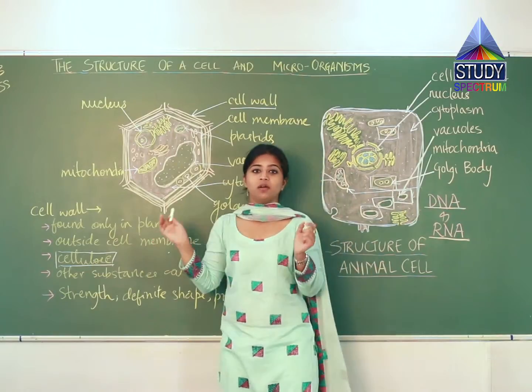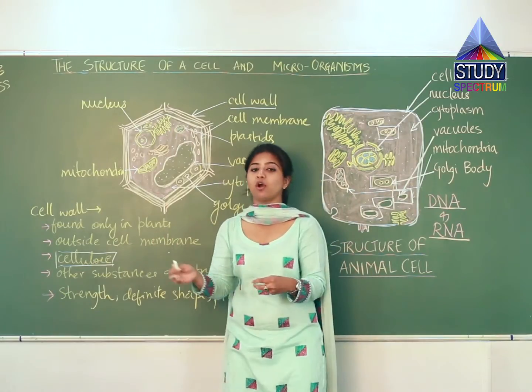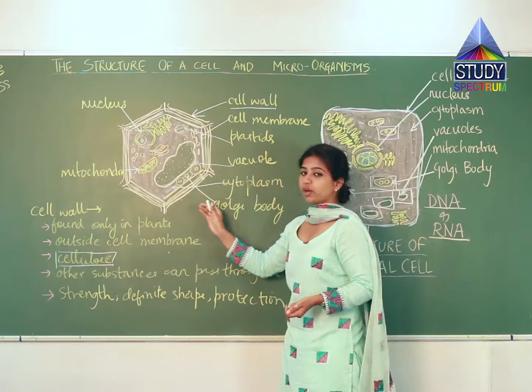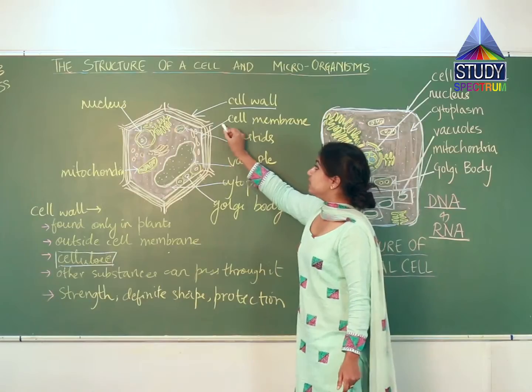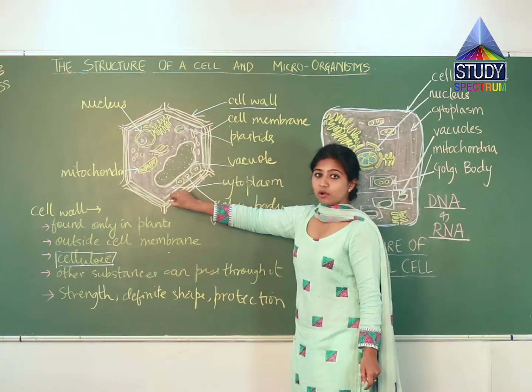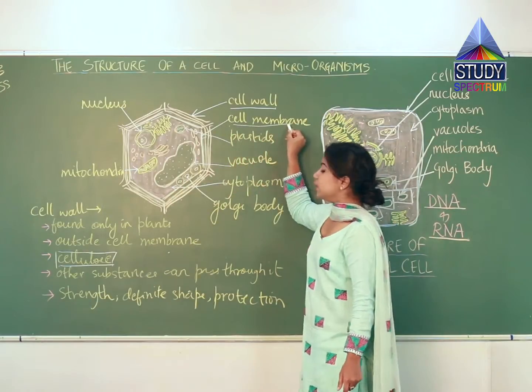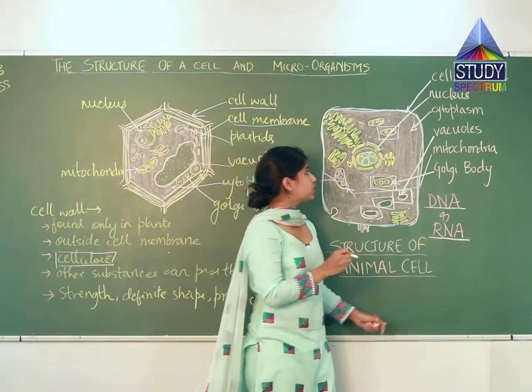Let's go through the whole of the plant cell structure again. What we learned was that plant cells also have a cell membrane just like animal cells do.